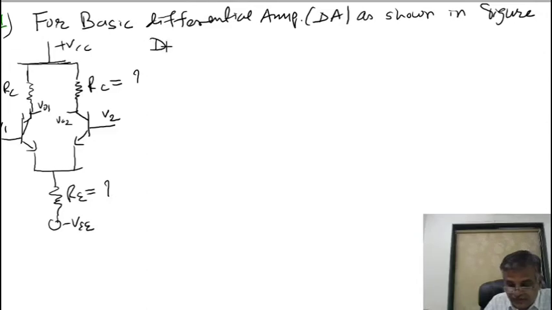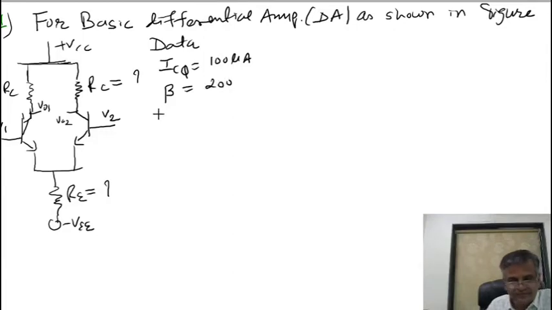The data they have given: ICQ is equal to 100 microampere, beta is equal to 200, the value of VB is 0.7 volt, CMRR is 80 dB.